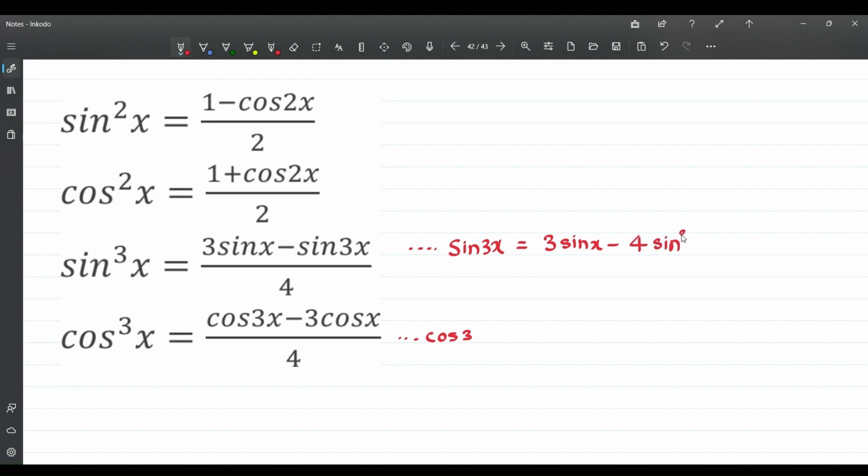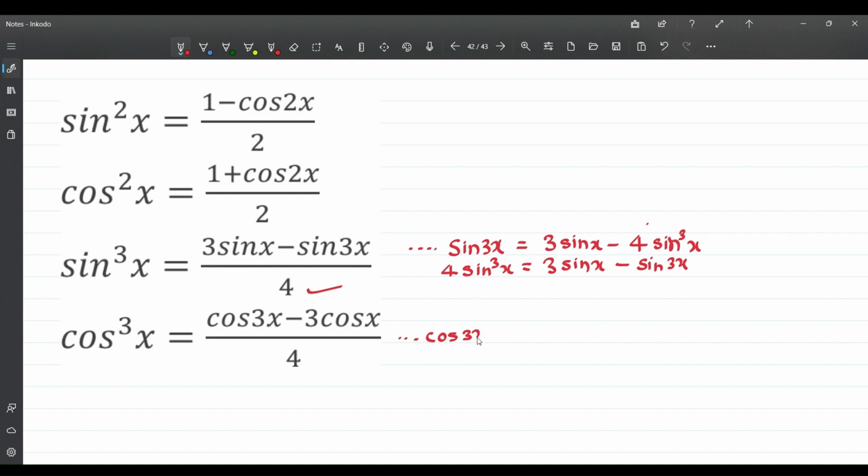Now we have to find sin cube x from this formula. So first, this minus 4 sin cube x becomes plus 4 sin cube x, which is equal to 3 sin x. In this, plus sin 3x becomes minus sin 3x on the other side. Then this 4 will be divided. So you can see here 3 sin x minus sin 3x divided by 4. In this way you can derive this formula.